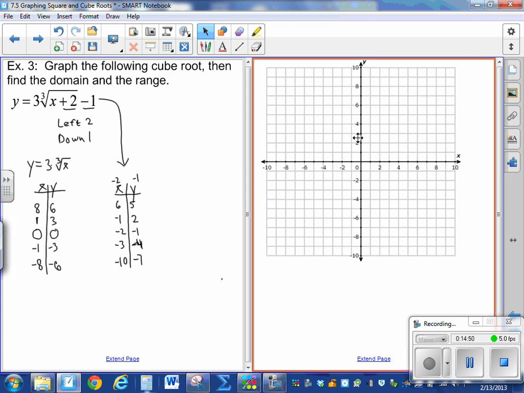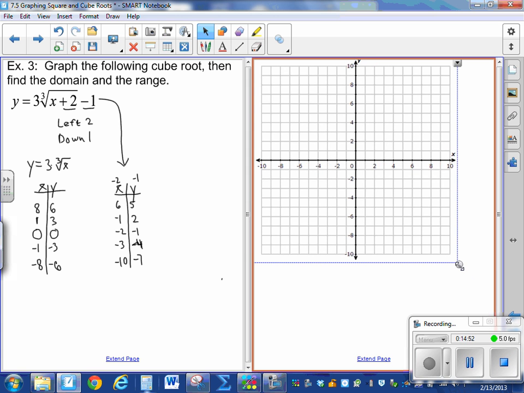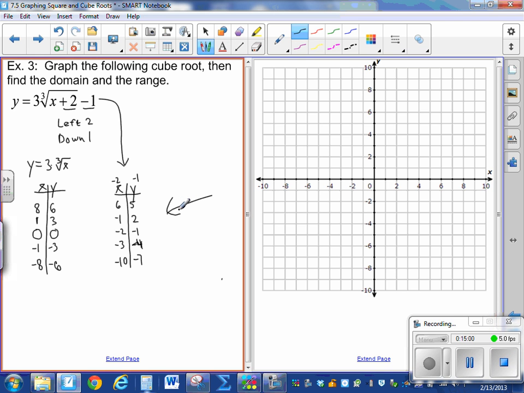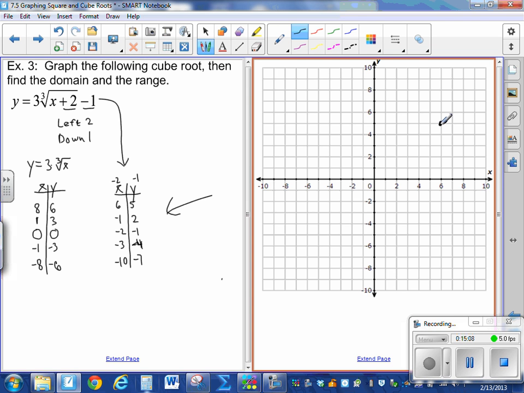So let's move that over a little bit. All right, so here's our graph. Remember, we're basing it off of this right here. So the first point's at 6, 5. So 6, go up 5, and there is your first point. Next point's at -1, 2. So at -1, you go up to 2.